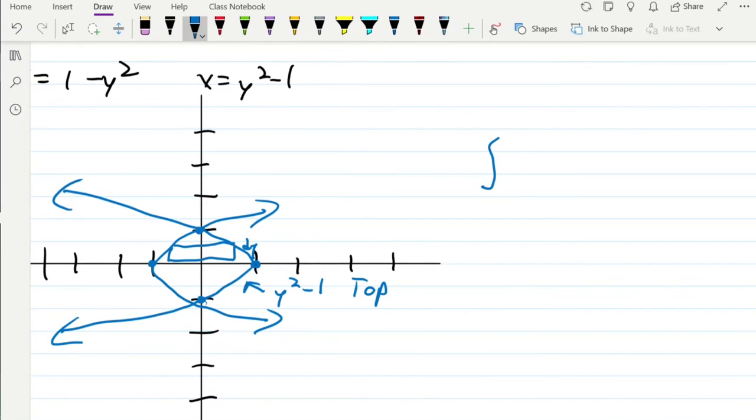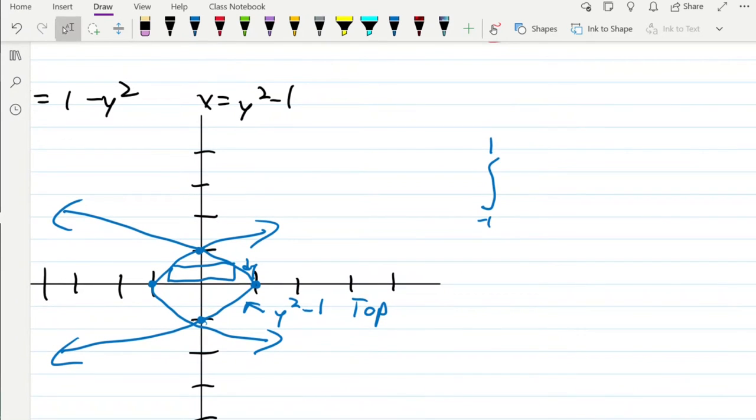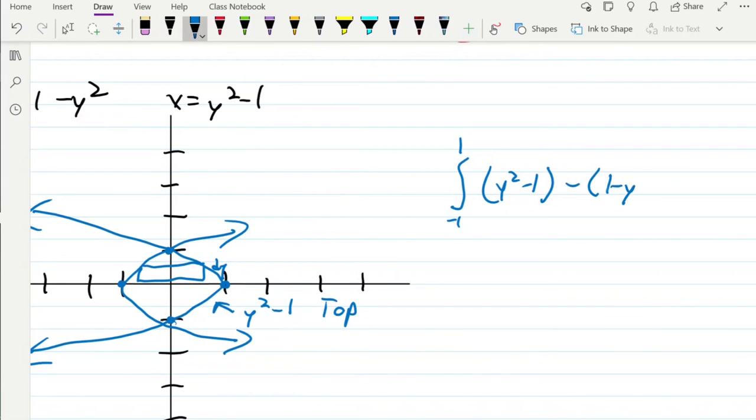So we're going to take the integral from negative 1 to 1, and we could set these equal to each other, but we can kind of see it, of y squared minus 1 minus 1 minus y squared, all of that times dy.